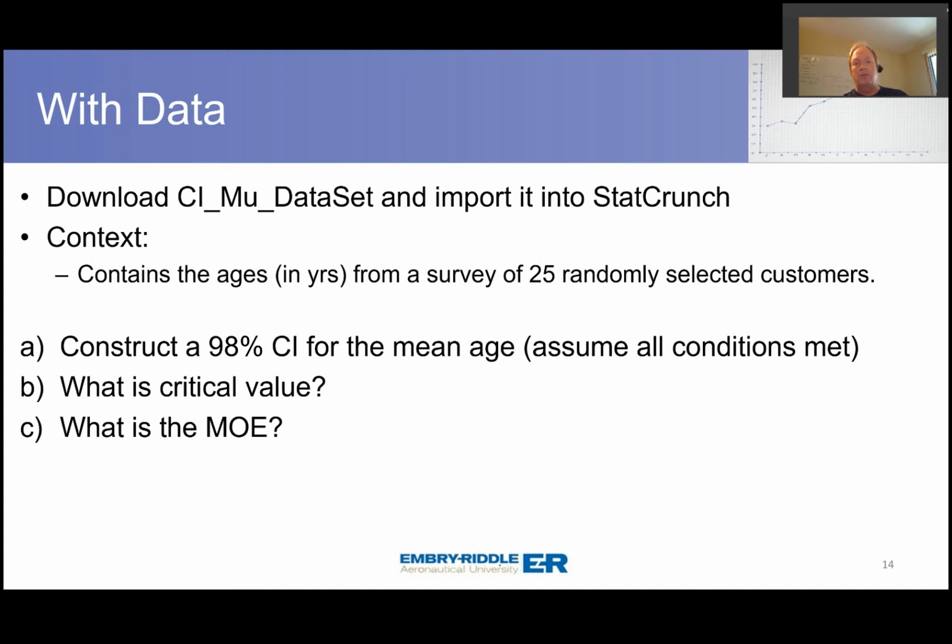But we're going to assume, even though we only have 30 customers, they are randomly selected, so our random sample condition is met, but our 30 sample size condition is not met, so we're going to assume that these ages are normally distributed. We want to find out what is the critical value and what is the margin of error also.